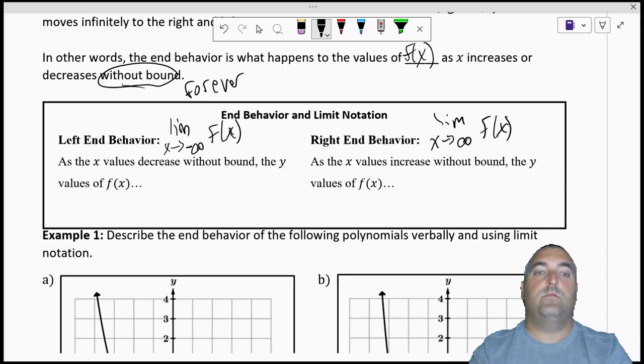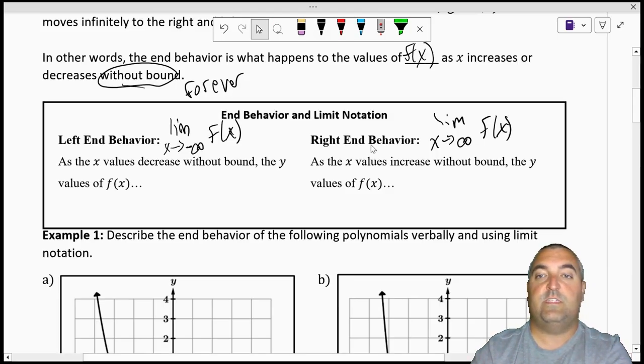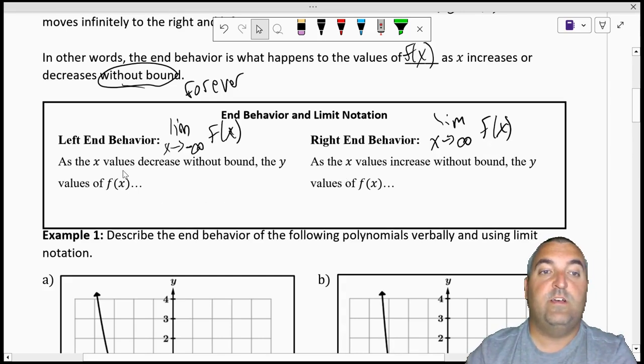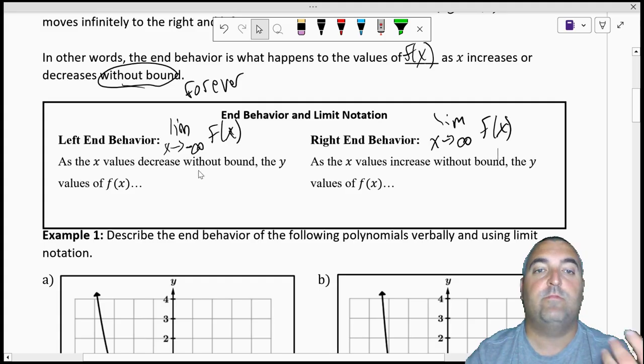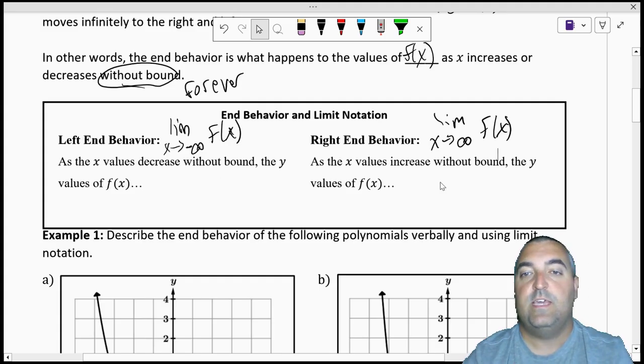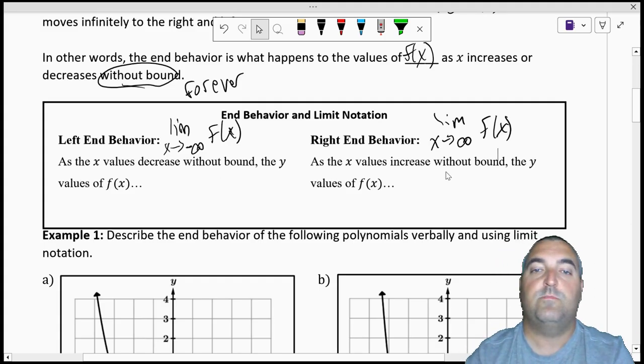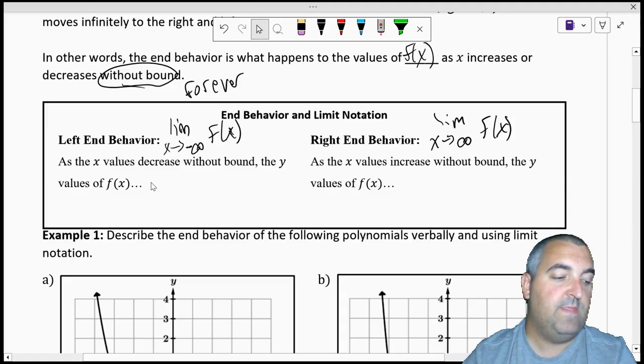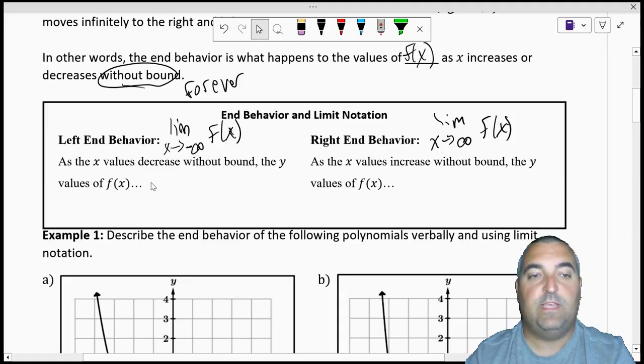So the limit as x approaches negative infinity of f of x, limit as x approaches infinity of f of x. You could also say as the x values decrease without bound. Decrease without bound is going to negative infinity. Increasing without bound is going to positive infinity. And then we say the y values of f of x, and then we would say it equals something.